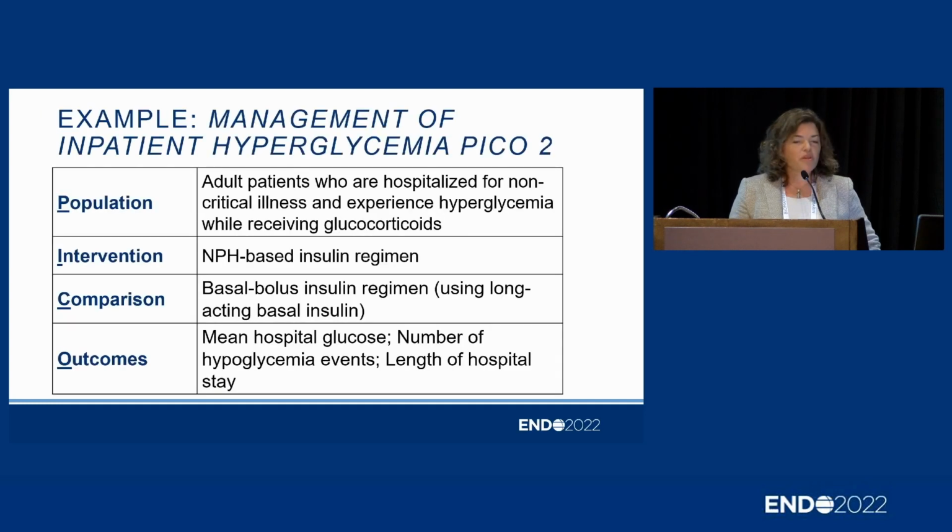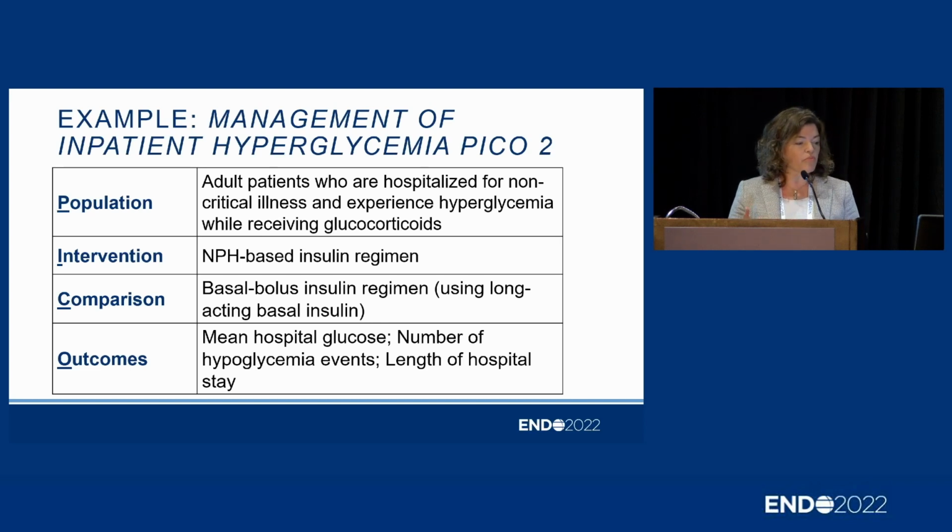Okay, let me give you an example. So this is PICO 2 in our guideline, management of inpatient hyperglycemia, specifically adult patients who are hospitalized for non-critical illness and experience hyperglycemia while receiving glucocorticoids. So the intervention for the PICO is the NPH-based insulin regimen.